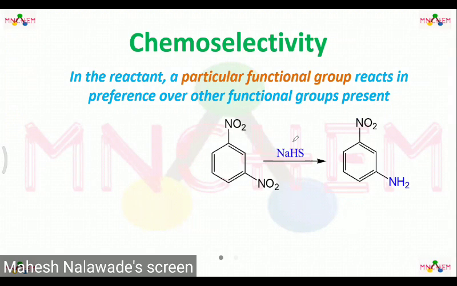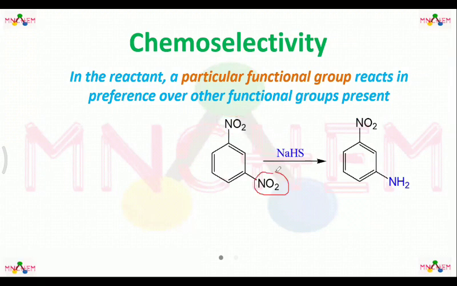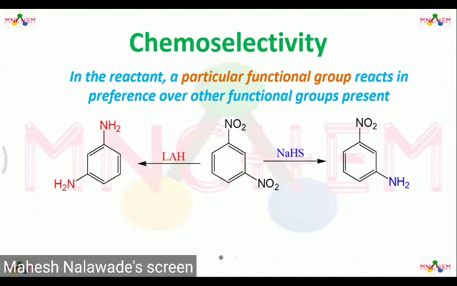This is chemoselectivity. Both the groups present in the reactant are nitro, so they can be reduced. But when we choose a reagent which is selective in nature, like sodium hydrogen sulfide in this case, that reduces only one nitro group. If we use a hydride reducing agent like lithium aluminum hydride, then no chemoselectivity is observed.